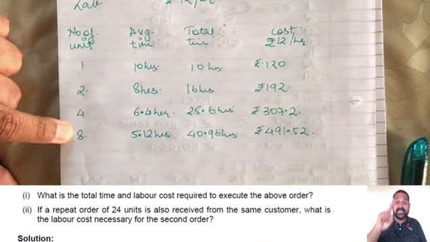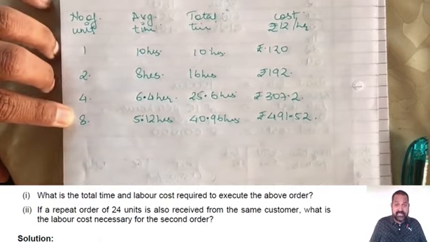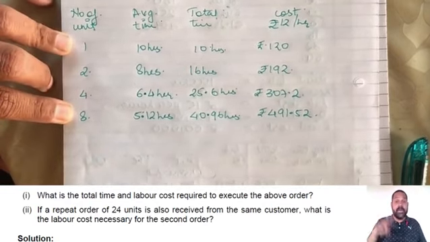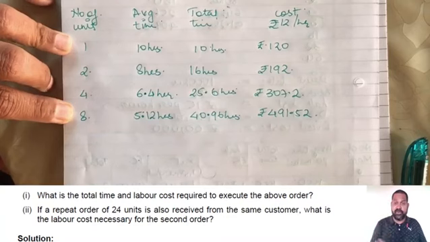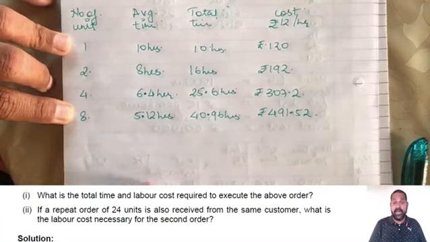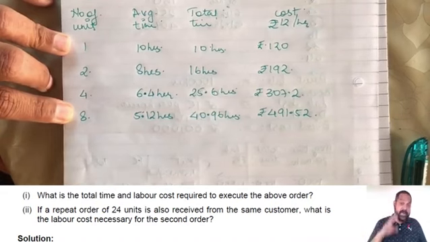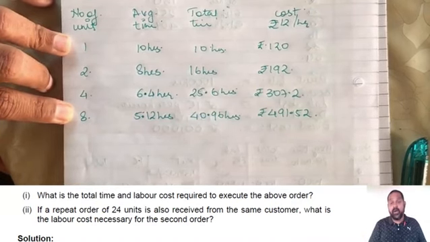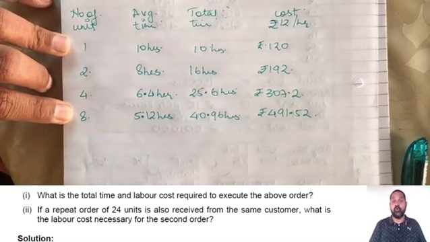Double of 8, 16 units. Double of 16, 32 units. Double of 32, 64 units. Double of 64, 128 units. And so on, doubling each time.